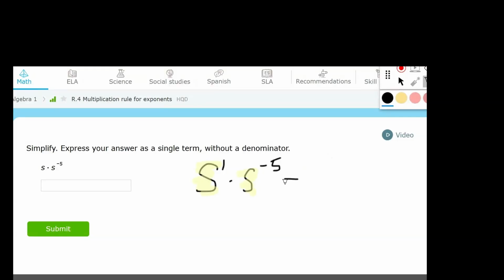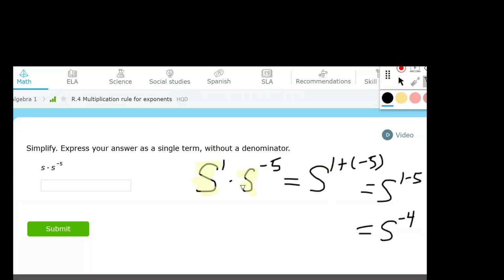So again, we're going to keep our base, in this case s, and we have 1 plus negative 5. So this is the same thing as s to the 1 minus 5. And 1 minus 5 is negative 4. So we have s to the negative 4 power.